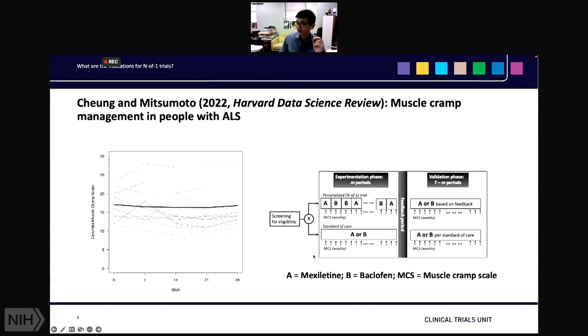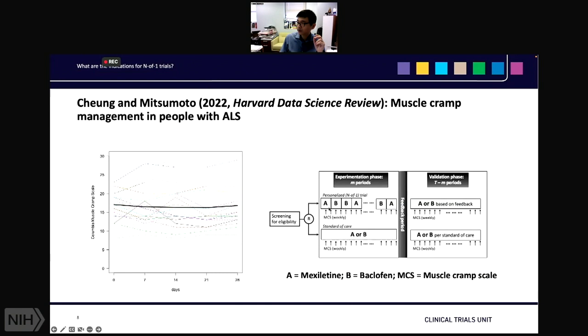The 2 medications here were mexiletine and baclofen. In this N-of-1 trial arm, participants will be treated with these 2 medications in a crossover manner.